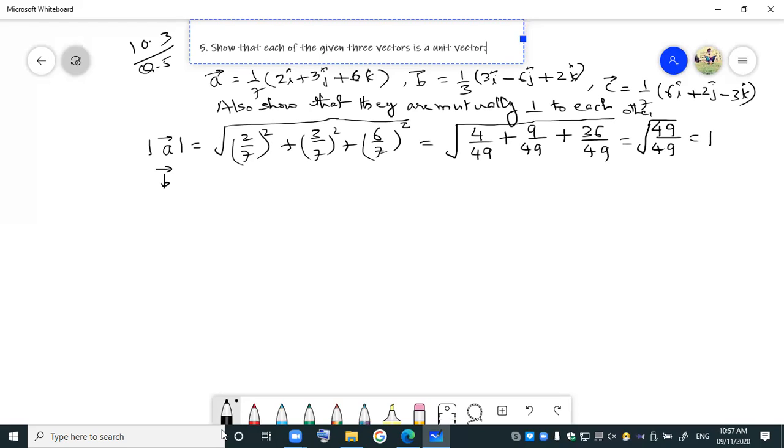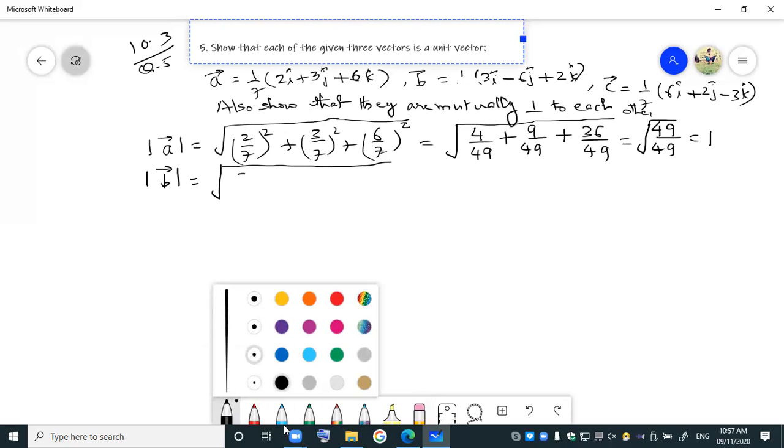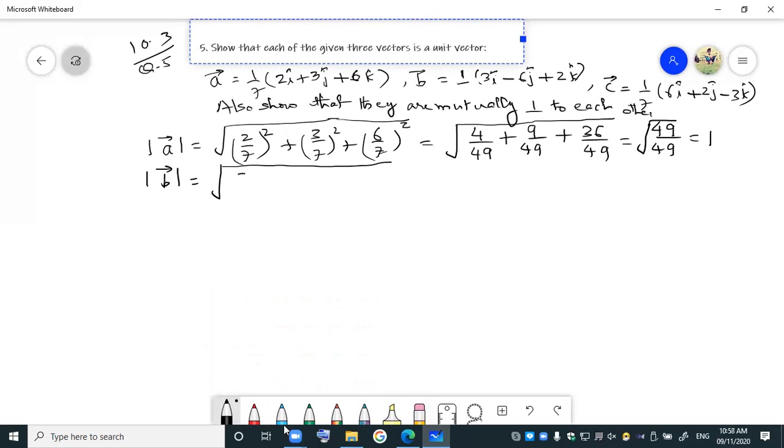Similarly, find the magnitude of vector B to show that it is a unit vector. A unit vector means the vector which has magnitude 1. This is 1 by 7, 3i minus 6j plus 2k.